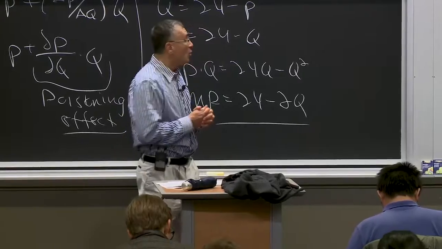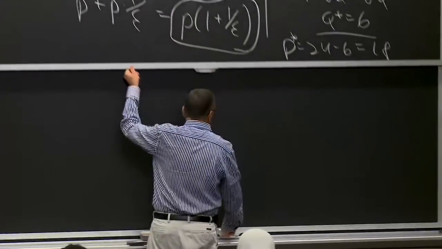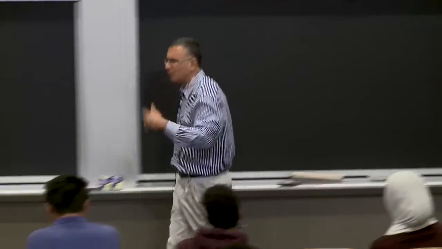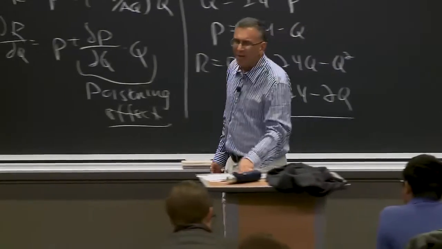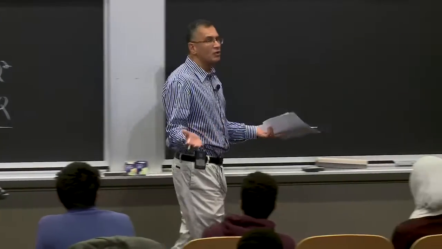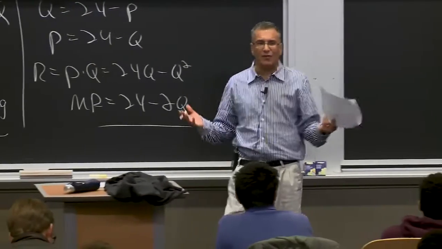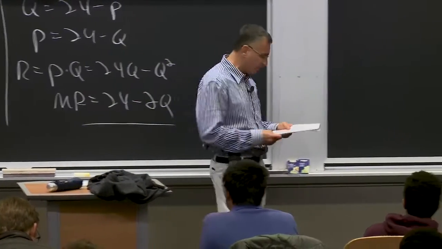Now, a key concept we need to think about comes from a question you might have asked yourself at some point. You might have said, well, if monopolists are the only firm in the market, why don't they just charge whatever they want? Why are they constrained by the mathematics we've done before?